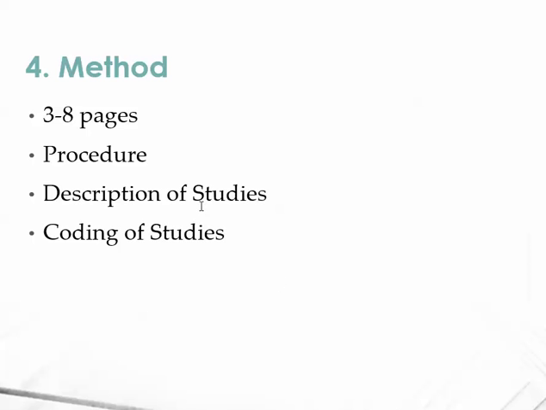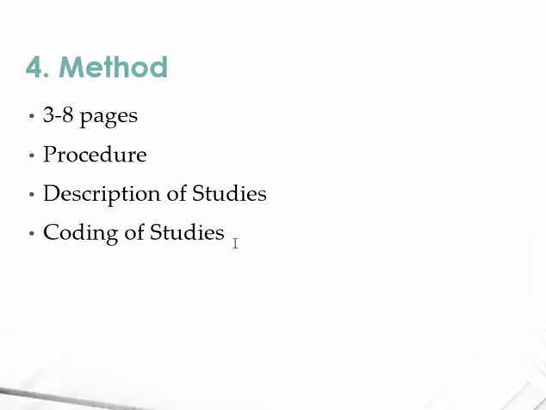Then you want to provide a brief description of your studies. So it's sort of categorizing your studies, where they're from, the date range, sample sizes, methodologies, and you also want to talk about the coding of your studies.